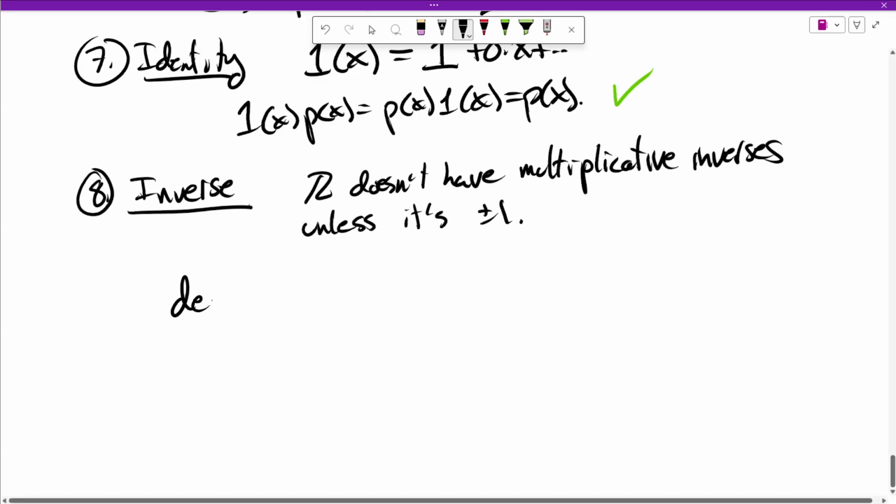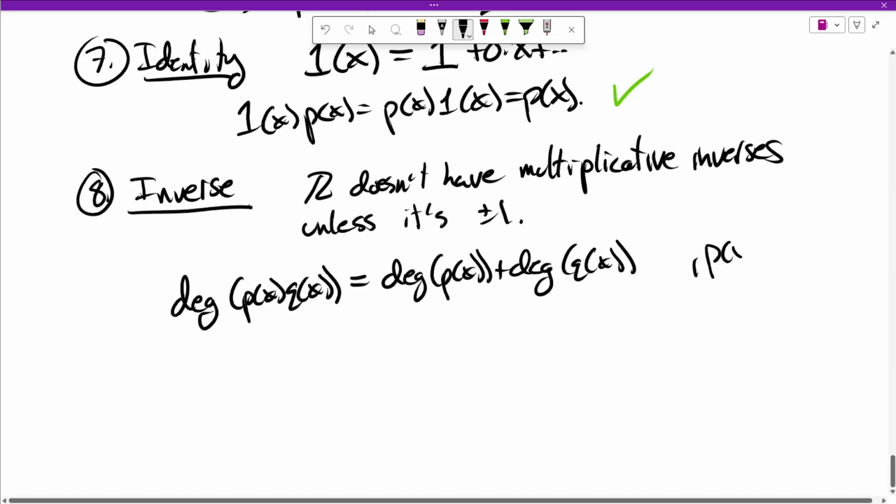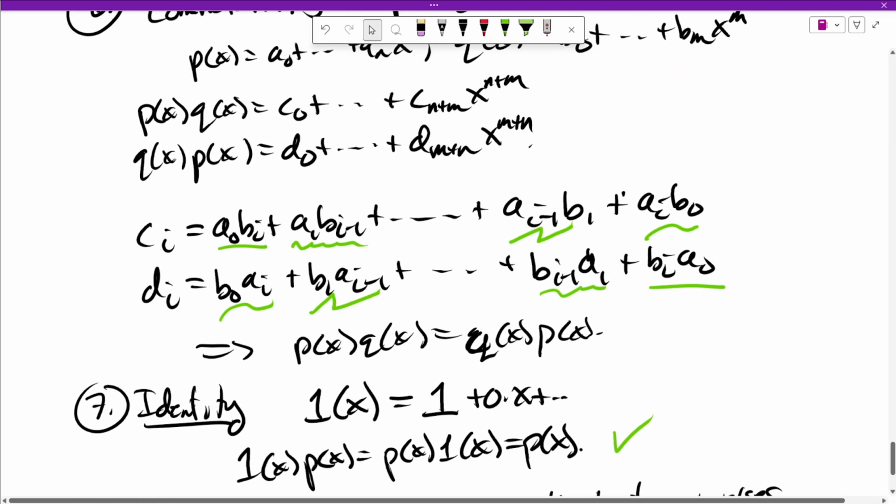So notice that the degree of p times q is actually the degree of p plus the degree of q, provided p and q are in Z adjoin x. Why is that true? Well, let's go up.